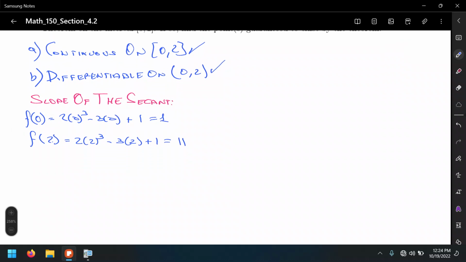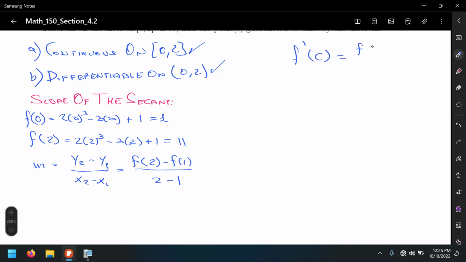So let's see. We're going to look at the slope m. That's y2 minus y1 over x2 minus x1, which in our context is f of 2 minus f of 0 over 2 minus 0.